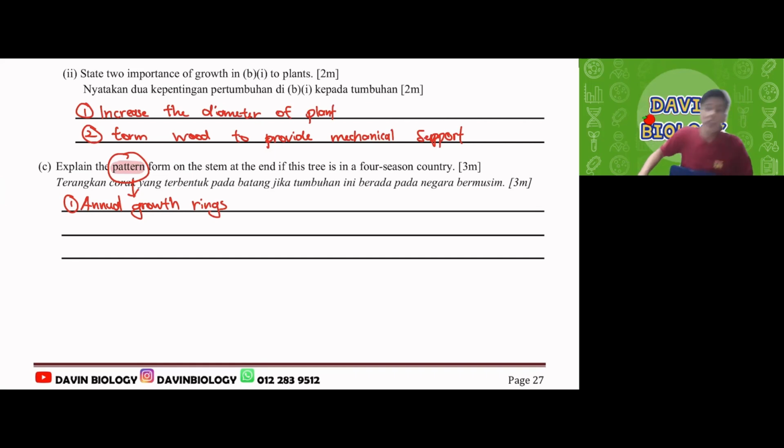Okay, then we're going to explain. Since it's just structure, you can see one mark for each ring, so don't have to explain too much. You just need to mention during what season what kind of rings. Good enough.